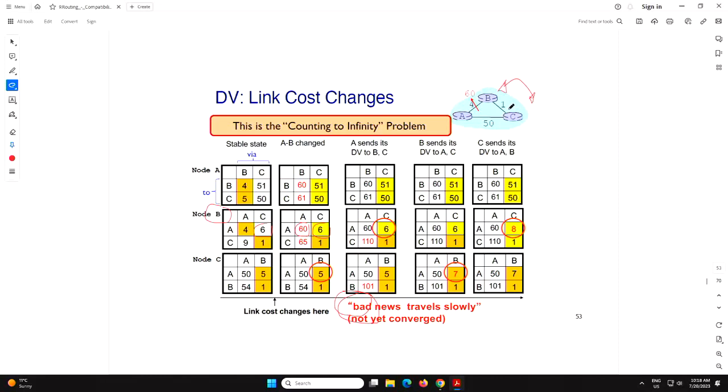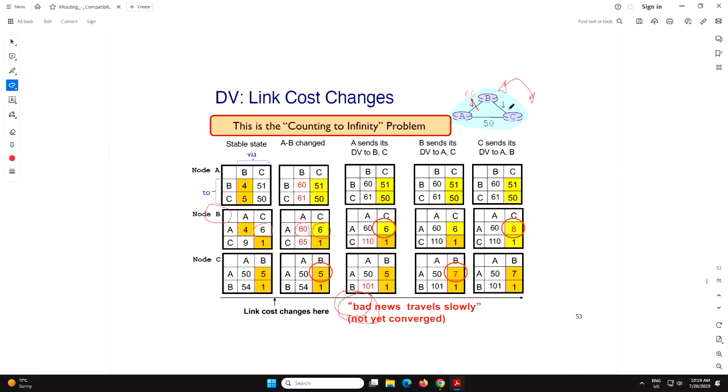But at the moment, it wants to go to A via C because it thinks there is a shorter route, because C is advertising saying that I can reach A with a cost of 6. So B thinks that, oh, okay, if I go to C, then the cost would be 6 plus 1 is 7, and then C thinks that, oh, okay, it's 7, then B can go to A with 7.